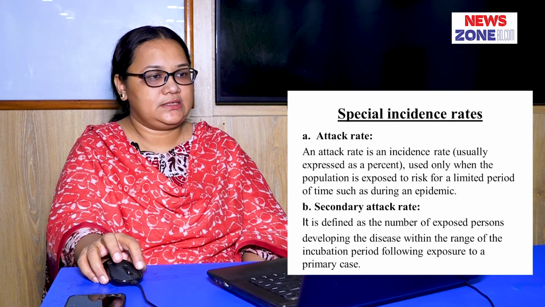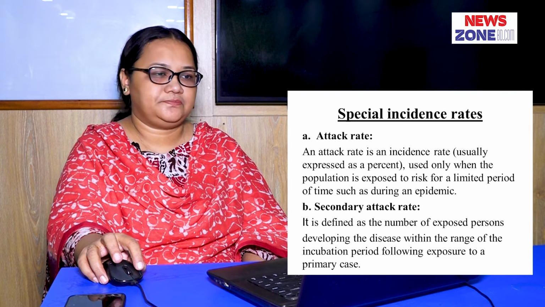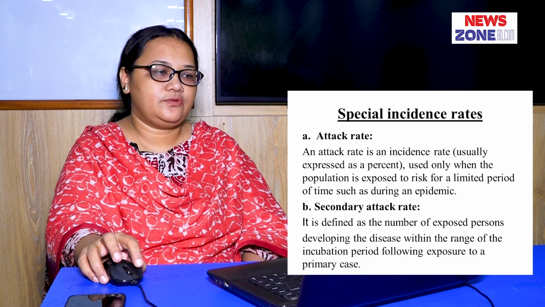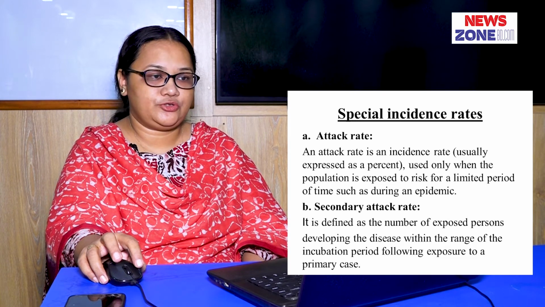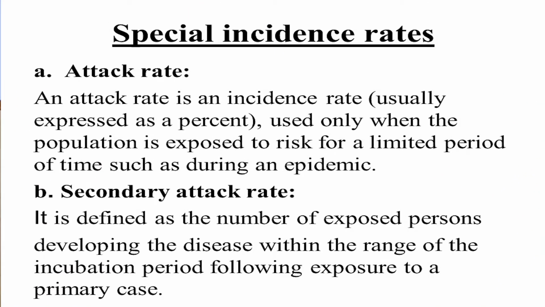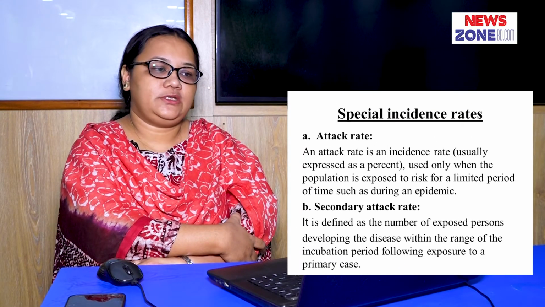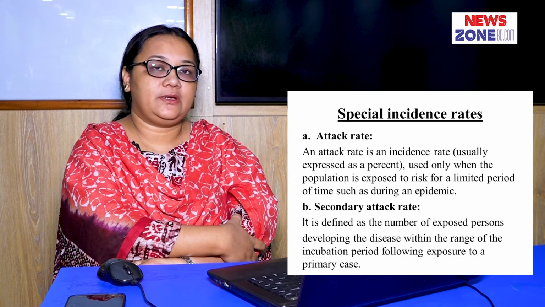An attack rate is an incidence rate usually expressed as a percent, used only when the population is exposed to risk for a limited period of time, such as during an epidemic. Secondary attack rate is defined as the number of exposed persons developing the disease within the range of the incubation period following exposure to a primary case.